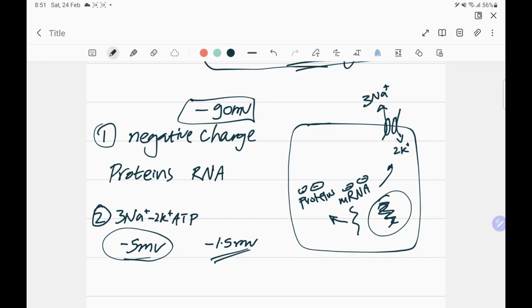You see, the main function of sodium-potassium ATPase pump is that it will create gradients where there are more ions like sodium on the outside, 140 milliequivalents on the outside, compared to the inside sodium value of only 14. And the potassium value on the outside is 4 milliequivalents, while the potassium on the inside is 140.